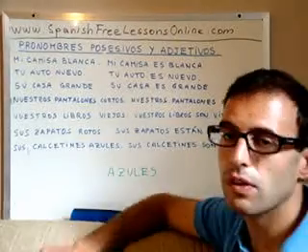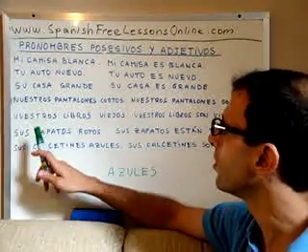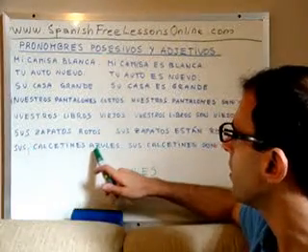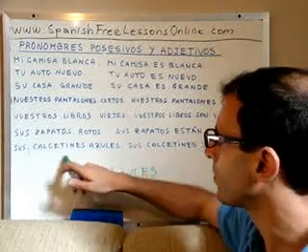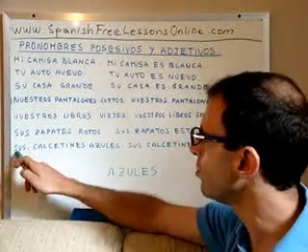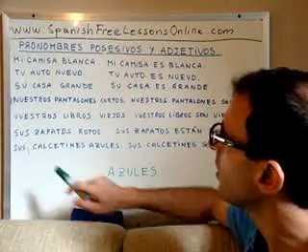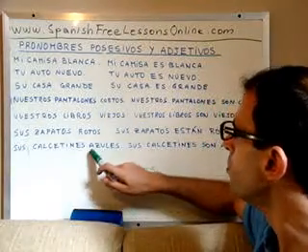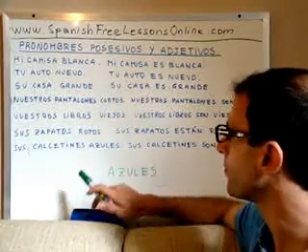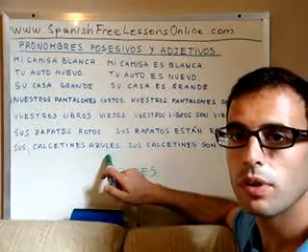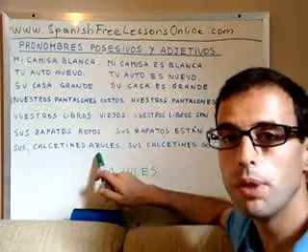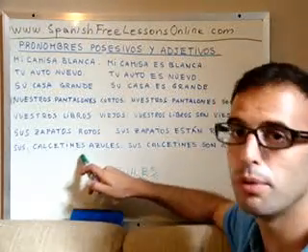Calcetines means socks. So these mean the blue socks, right? Sus calcetines azules means their blue socks. And blue needs to be in plural because the noun is plural.